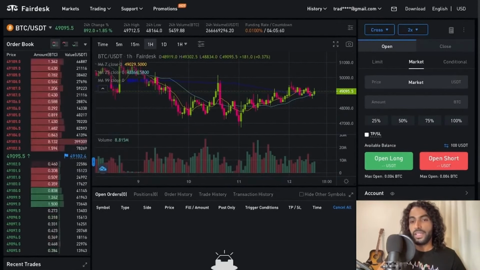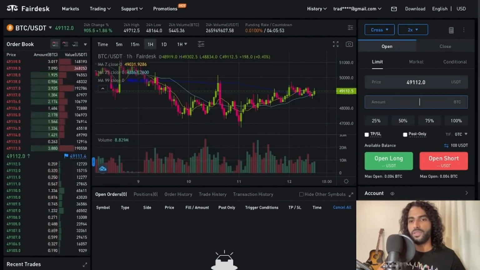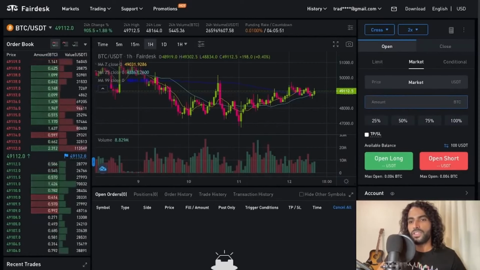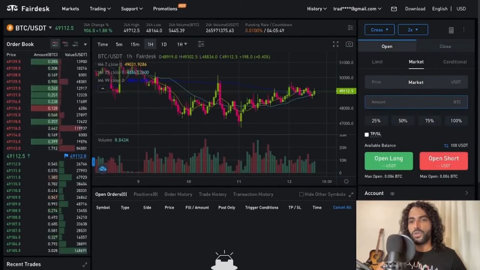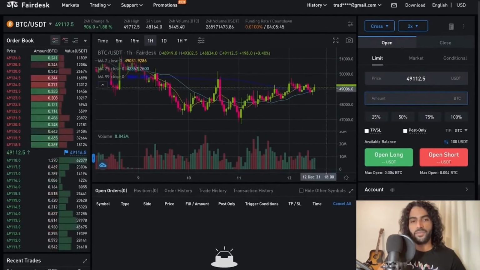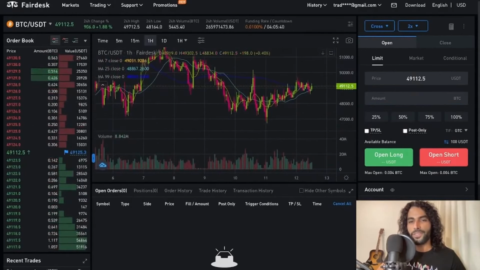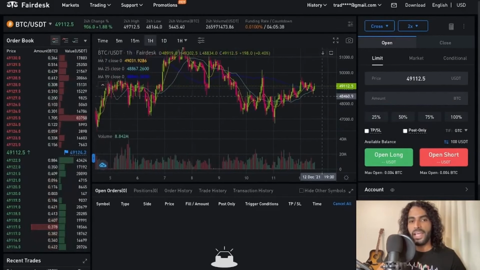We have 3 different options to open a trade: either a limit order, a market order, or a conditional order. For the limit order, if you want to buy, BTC right now is around 49,000.